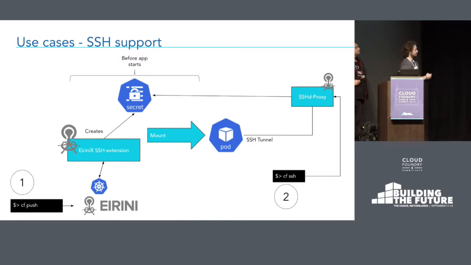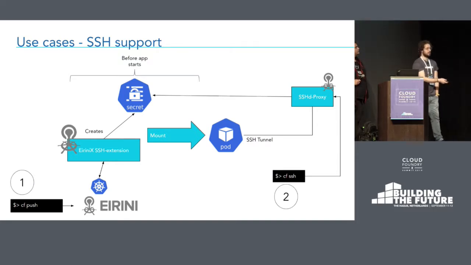The SSH support. Basically, SSH support is a bit more complex, but if you can follow me, there are two steps to this. We are pushing an application, and we are actually connecting to it. So when we push, there is an Eirini X extension sitting there, creating SSH keys and storing them as Kubernetes secrets.